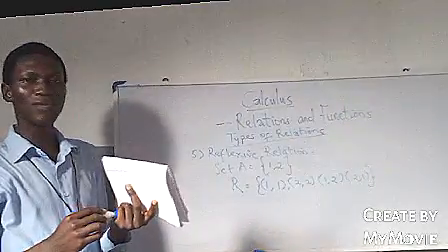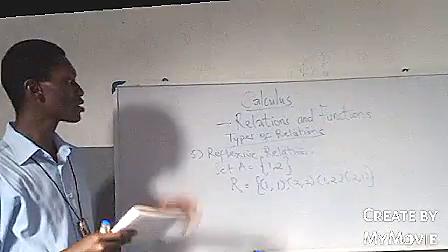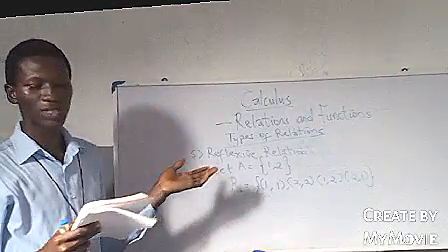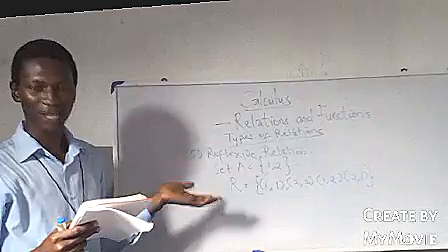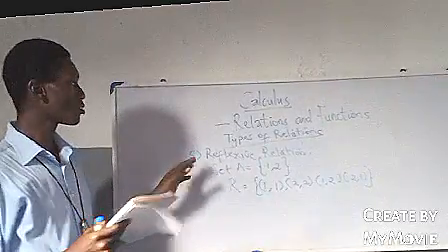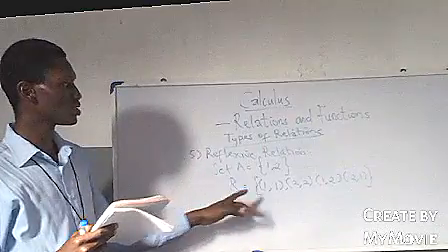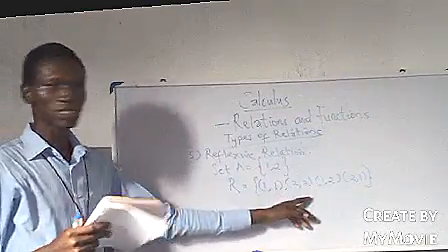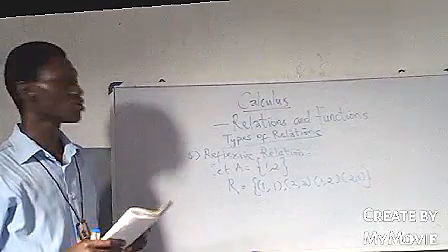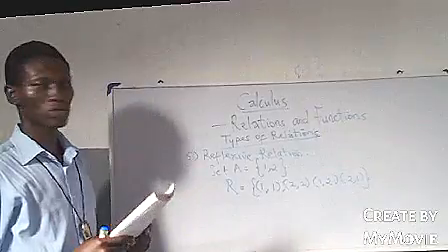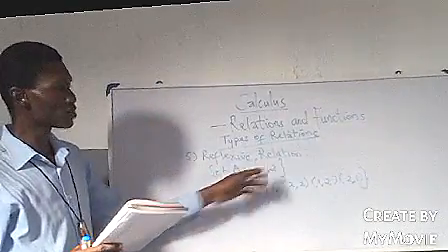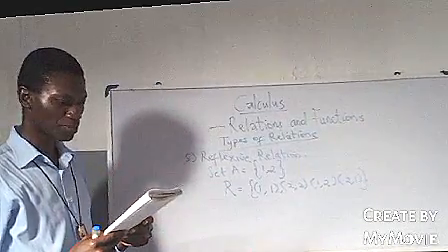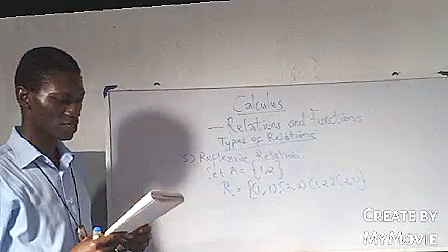Now this is like a mixture of both identity relation and inverse relation. So this is what we call reflexive relation. We're having 1 being related to 1, 2 being related to 2, 1 being related to 2, and 2 being related to 1. So every member of the set is related or mapped to itself.